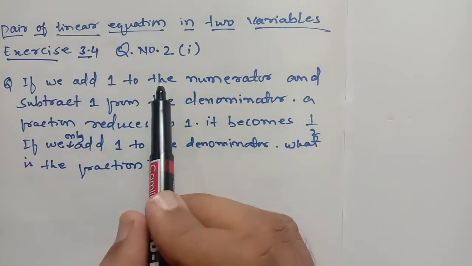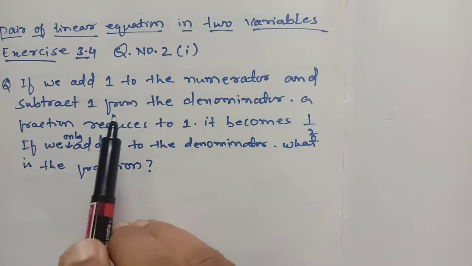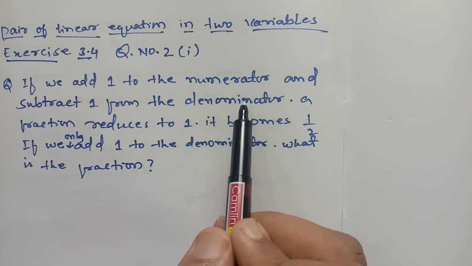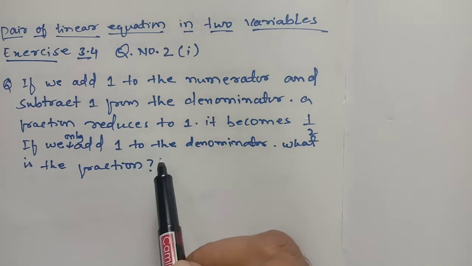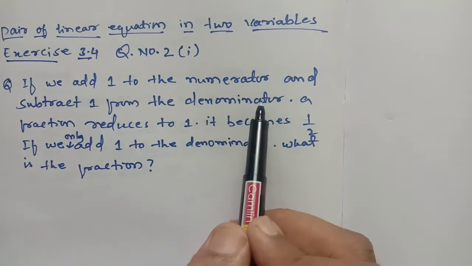If we add 1 to the numerator and subtract 1 from the denominator, we don't know the numerator and we don't know the denominator. So in this question we have to consider the numerator as x and the denominator as y.